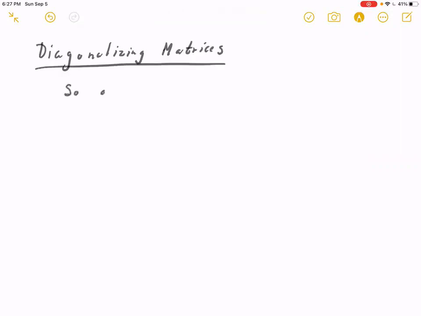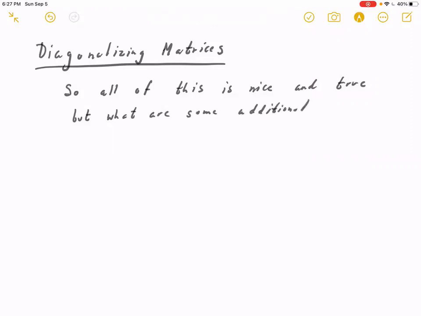So, all of this that we've done in this lecture and in lecture 10 is nice, and it's true, but what are some additional uses for eigenvalues and eigenvectors?